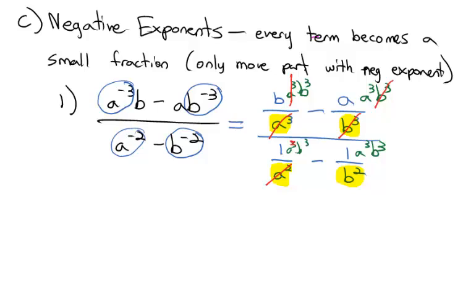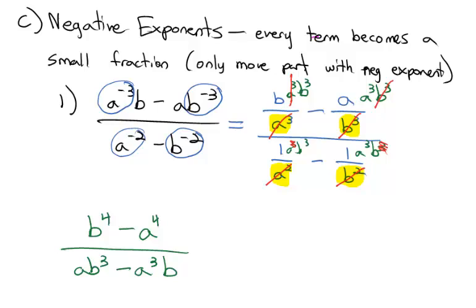A squared leaves 1a behind, b squared leaves 1b behind, and so we have b to the 4th minus a to the 4th all over ab cubed minus a cubed b.